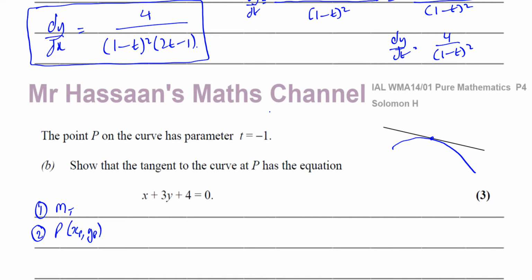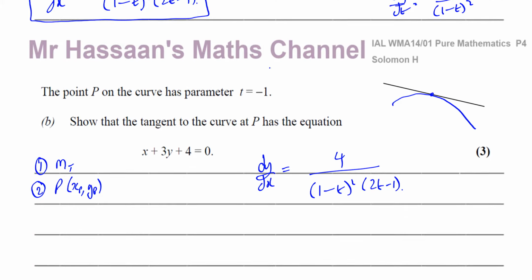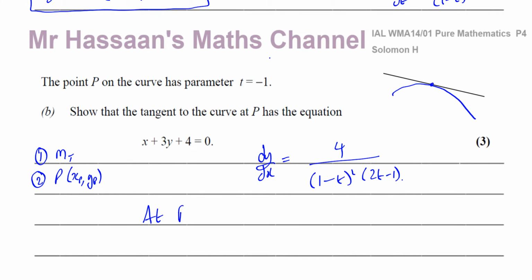Now, the gradient at the point P is dy/dx. We know the gradient function for this curve is 4 over (1 minus t) all squared, times (2t minus 1). And we know at P, as they told us, t is equal to minus 1.